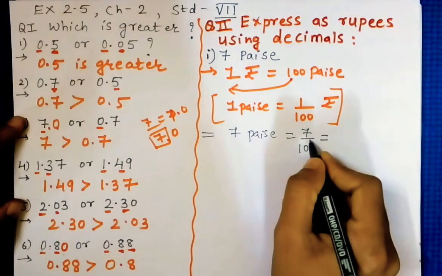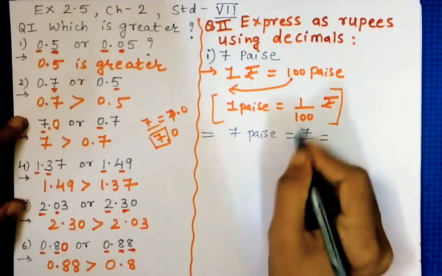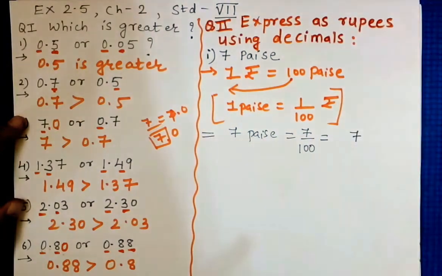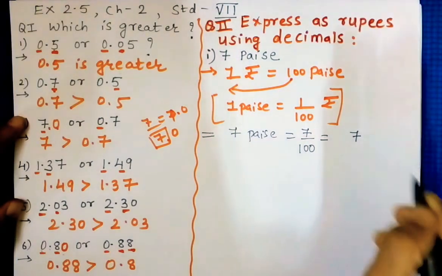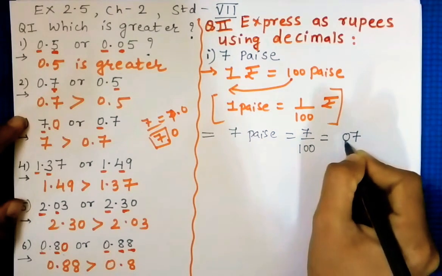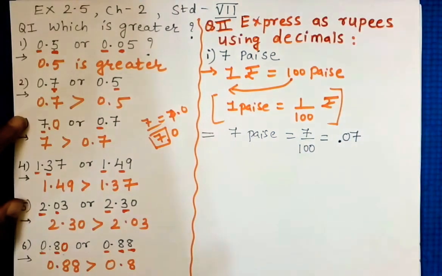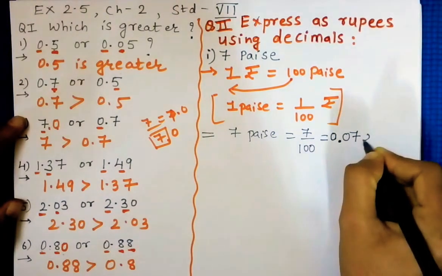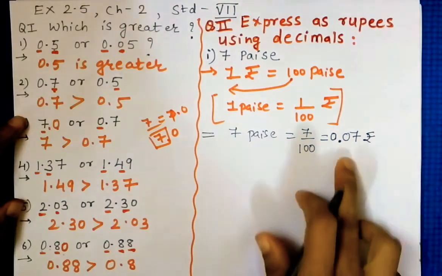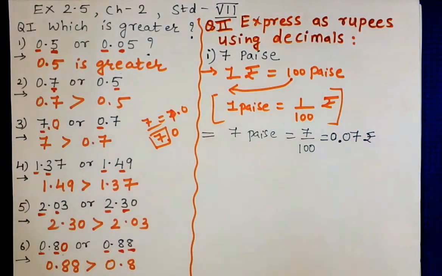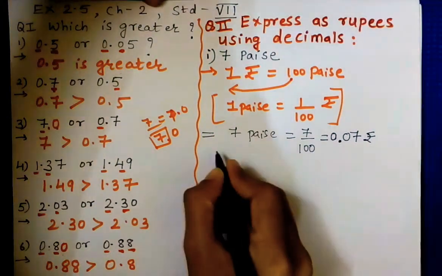Here we are given only 1 digit, that is 7. The second digit is not given, so we will take 0. So after 2 digits we will keep the point. So 0.07 rupees. So now we have converted paise to rupees. Whenever we convert paise to rupees, we will divide by 100 and put the point after 2 digits.